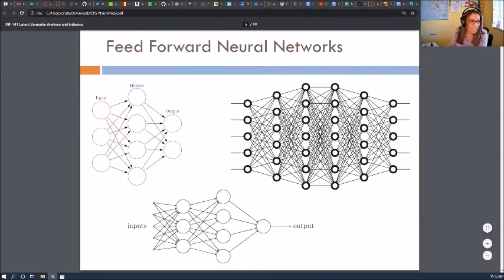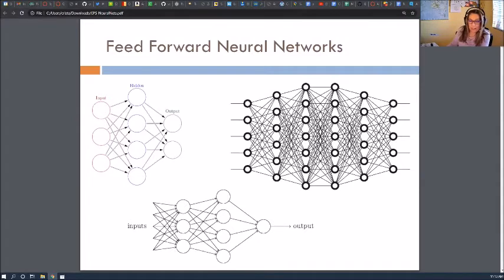And this already starts bringing an interesting observation about neural networks, which is that the solution to the problem that you have at hand is very much dependent on the architecture that you decide to use.